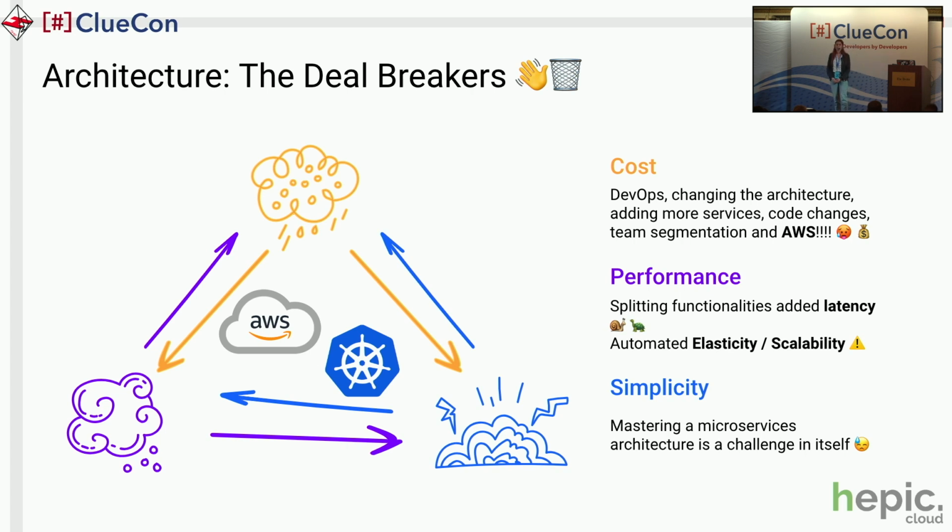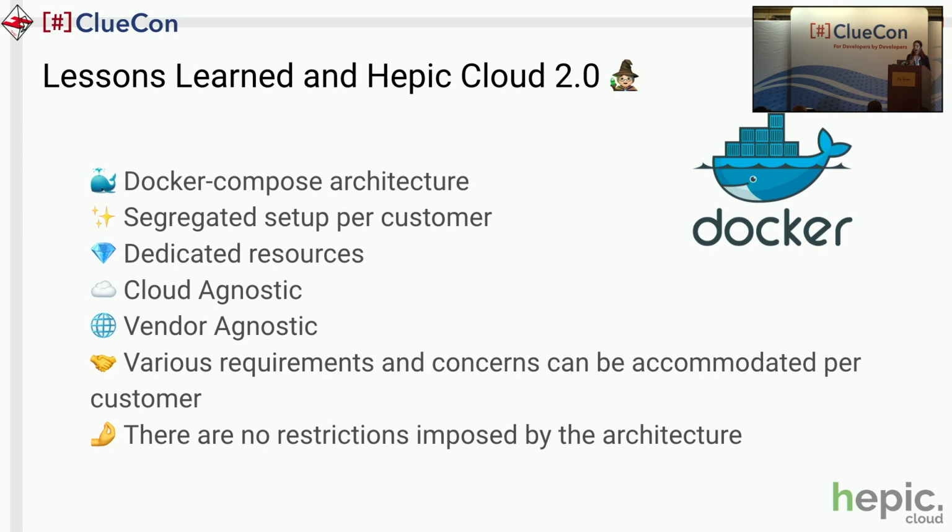And at the end of the day, it all came down to simplicity, because managing a microservices architecture is hard, is challenging in itself, and doing that on the job with a small team was painful. So again, we sat down and we redesigned the whole thing, and we landed on a Docker Compose scenario, and Hepic Cloud version 2 was born.